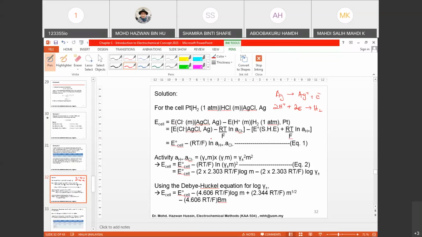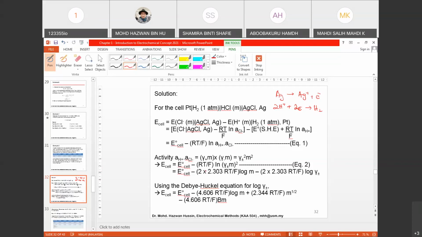Then you will get a representation equal to E naught cell minus RT over F ln of the activity of H plus multiplied by the activity of Cl minus. The activity of H plus and Cl minus is equal to the ionic activity coefficient gamma plus times m, multiplied by gamma minus times m, giving gamma plus minus squared m squared.